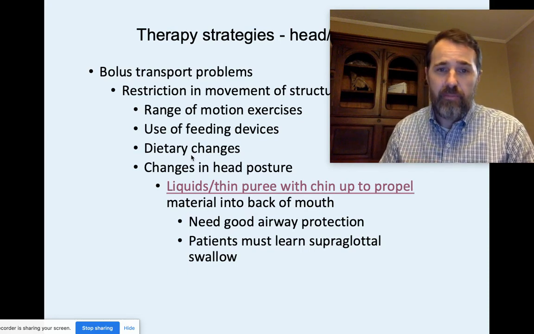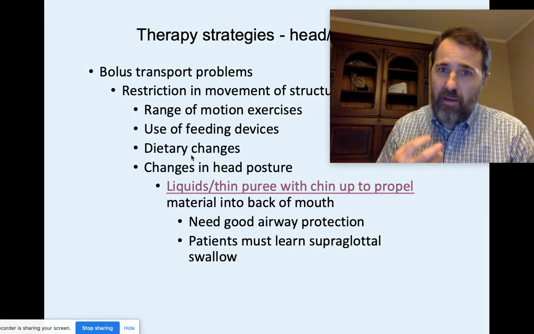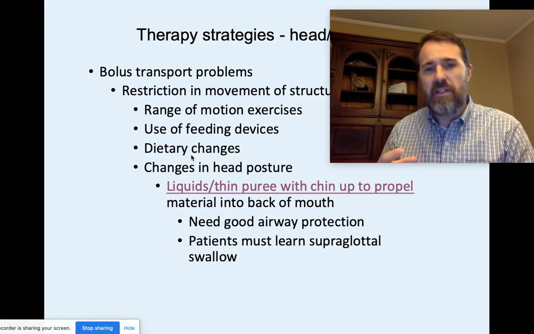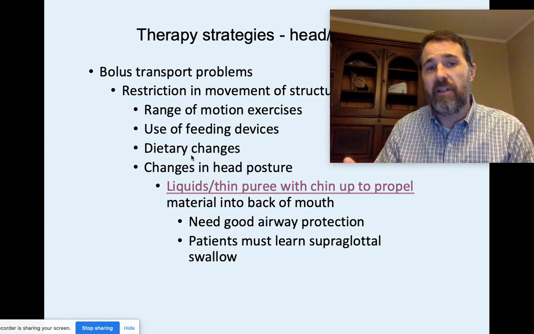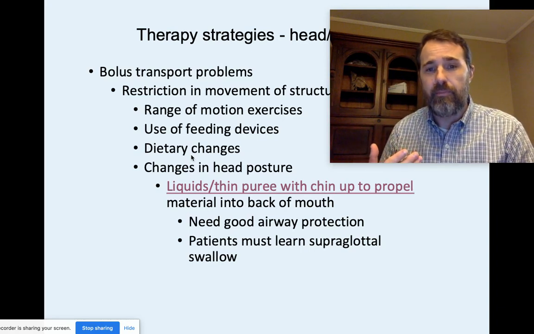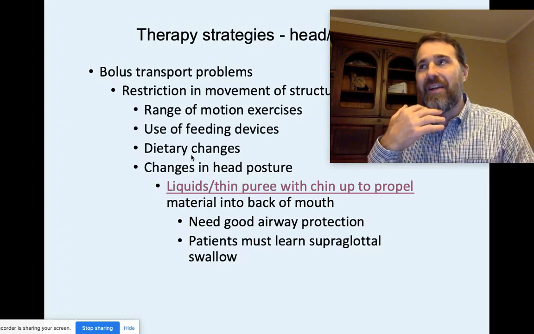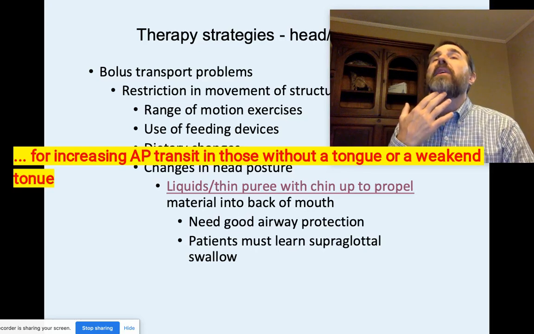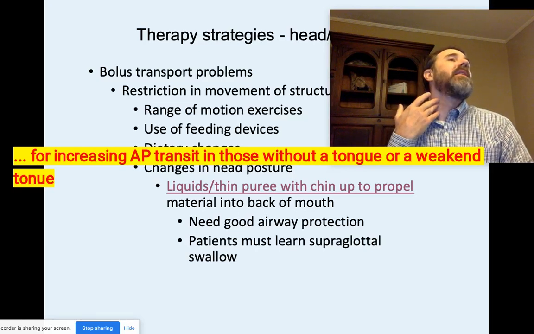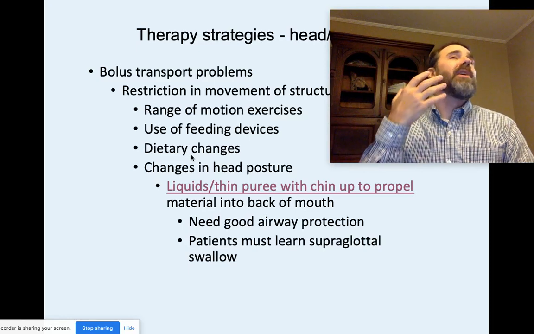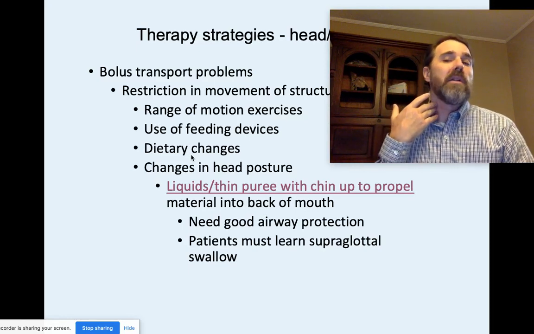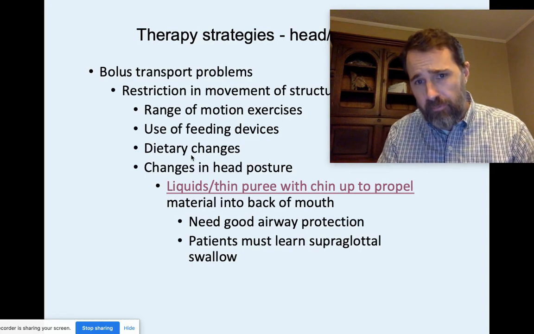Changes in head posture to help protect the airway. Changes in head posture to facilitate AP transit. And the primary strategy would be a chin up, using gravity to pull the bolus into the pharynx.